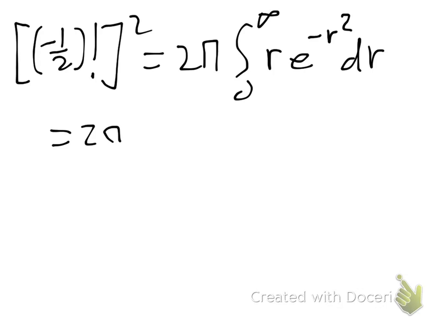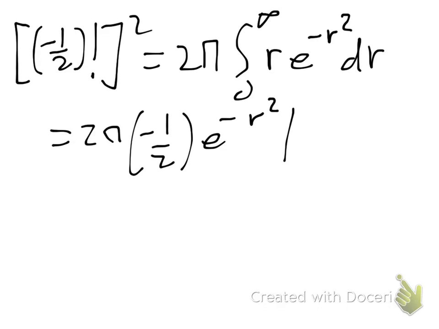2 pi. Let's see, that's just going to be minus a half e to the minus r squared from 0 to infinity.